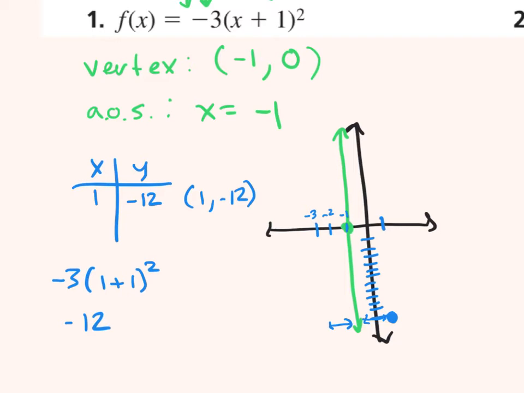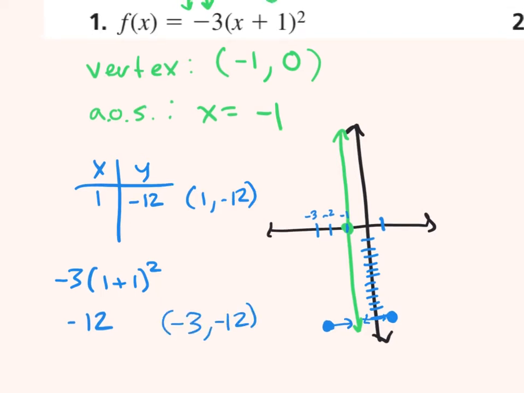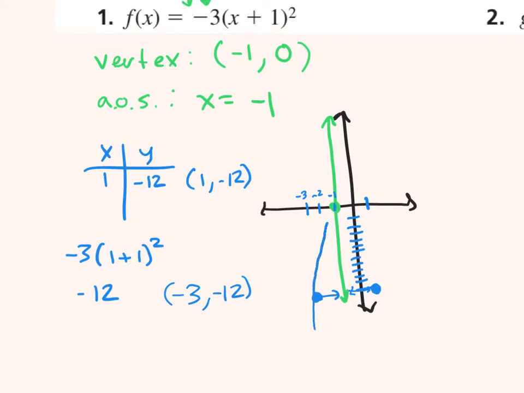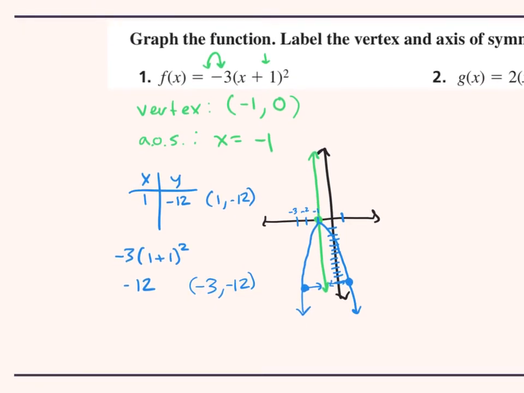So what do you think? -3, -12. Awesome, -3, -12. And then we can just connect these 3 points with our parabola. Any questions on this one?